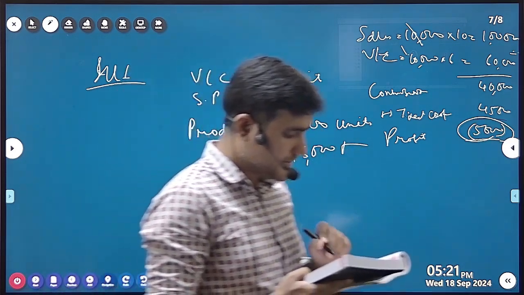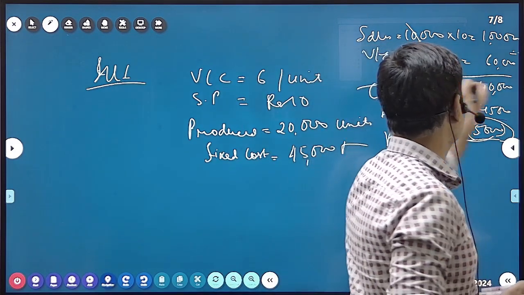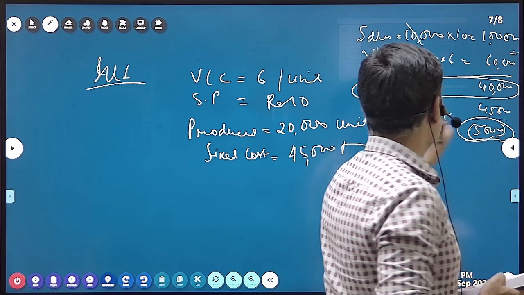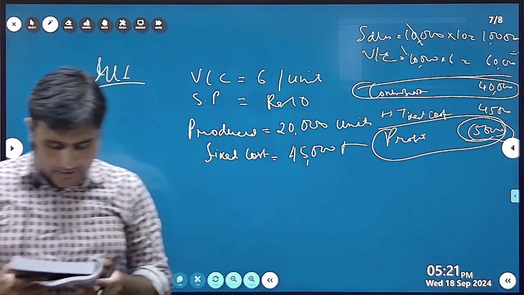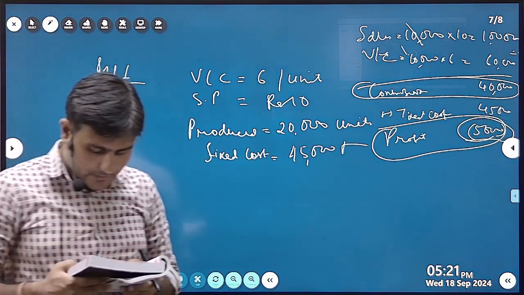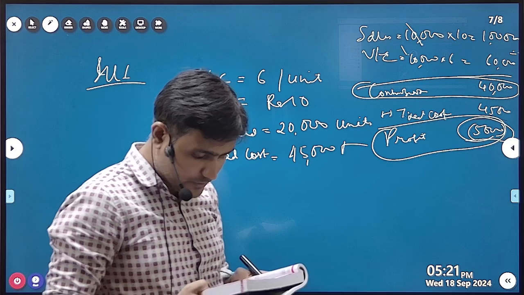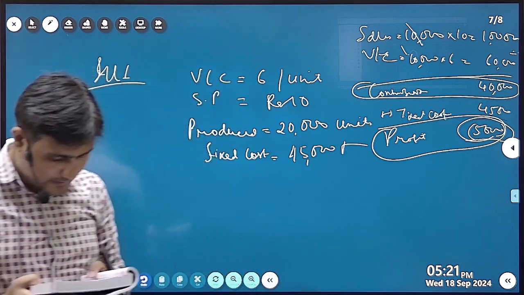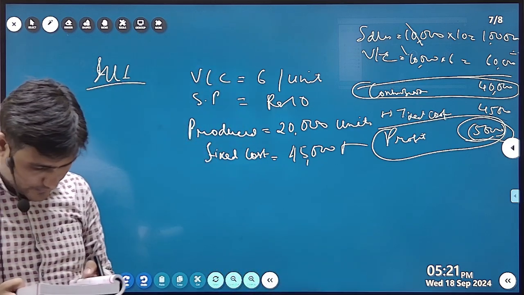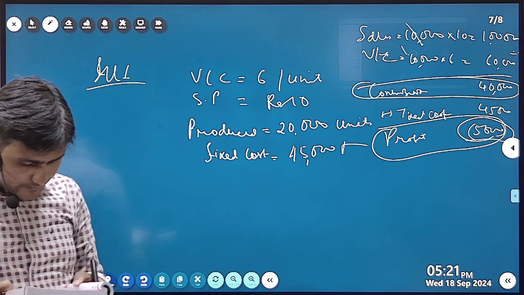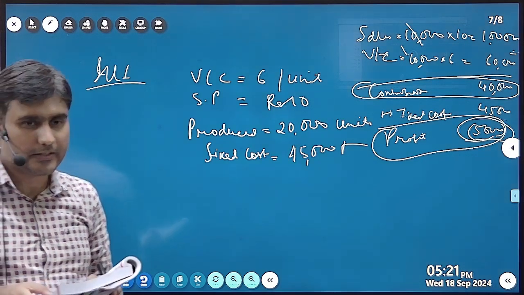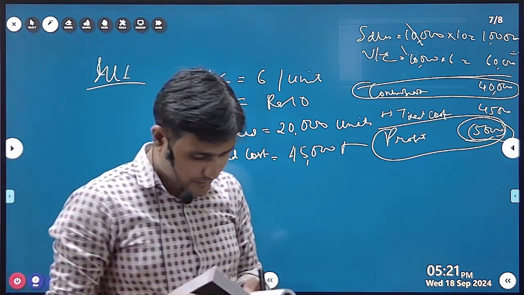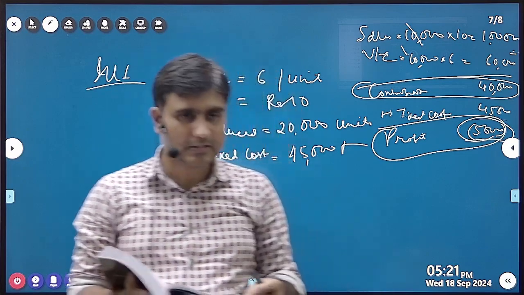What point C says is that we first found out the contribution and then calculated the profit, right? Point D gives another example. If it is 17,000, what will that be? So it is very easy till now.